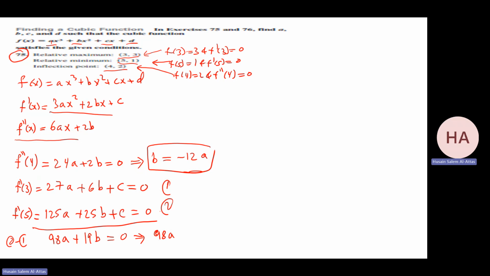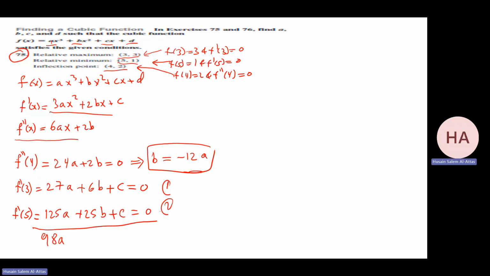Here's something wrong. I'm getting nothing from here. So that gives me 19.8a. We add them.